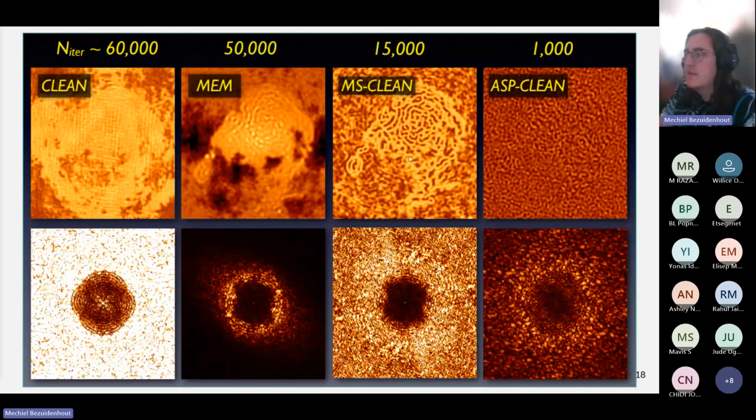And this means that the different clean methods are going to give you different images that are perhaps more suited to specific science cases.